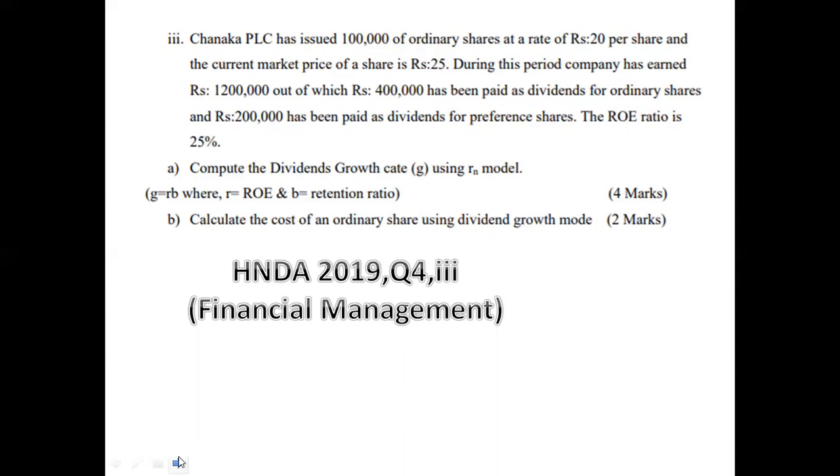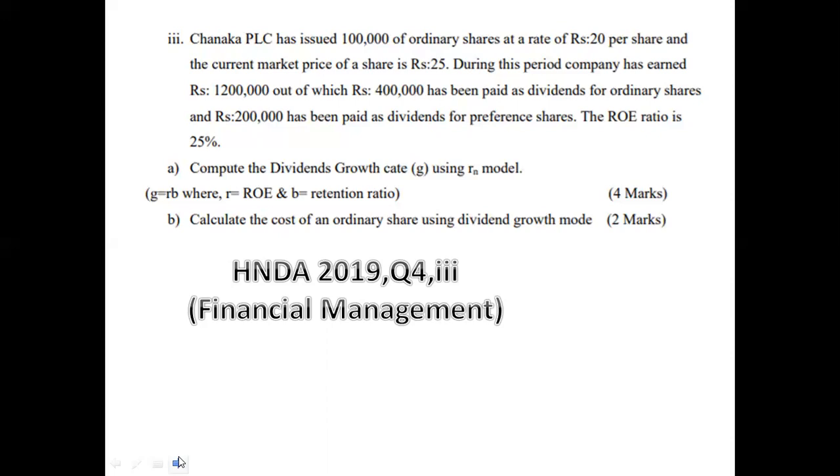During this period, the company earned 1.2 million, out of which rupees 400,000 has been paid as dividends for ordinary shares and rupees 200,000 has been paid as dividends for preference shares. The ROE, that means return on equity, is 25%. You are required to calculate the dividend growth rate using the RB model.